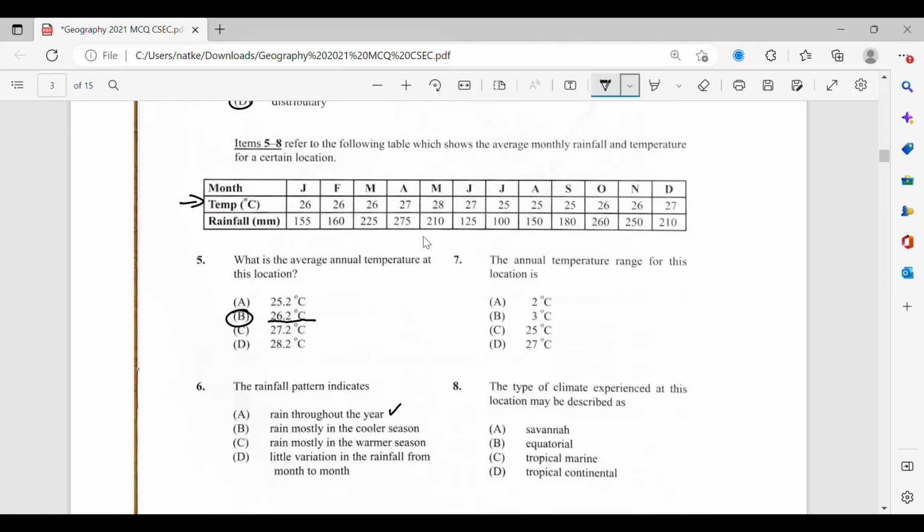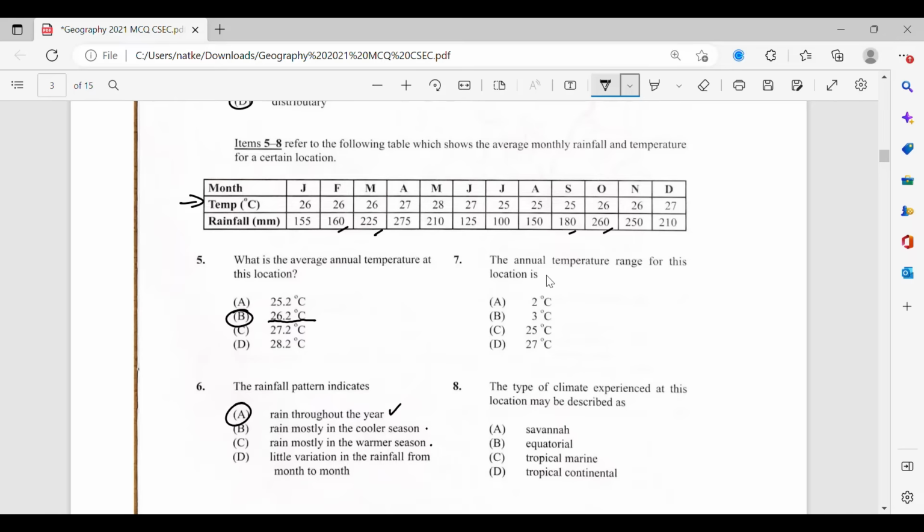We're not seeing that separation. Mostly in the warmer months, we're not seeing that either. Little variation in rainfall from month to month. There is some amount of variation because we have 160 here, then we have 225, 180, then 260, and so on. So the answer for number 6 is letter A.